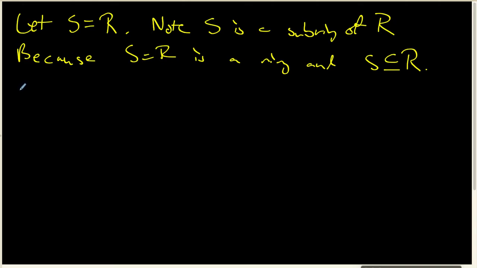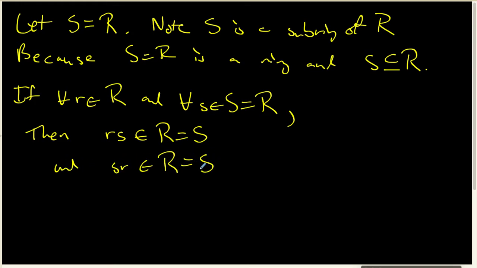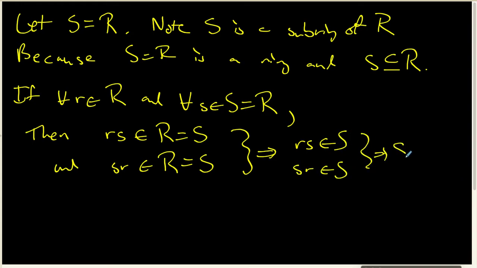The other thing that's worth noting is that if I pick any element inside the ring R and I pick any element inside S, which just happens to be equal to R, then of course R times S is going to be inside R, but R and S are the same set, and S times R is going to be inside R, but R and S are the same set, and that's enough to say that RS is inside S and SR is inside S, and so S is an ideal.